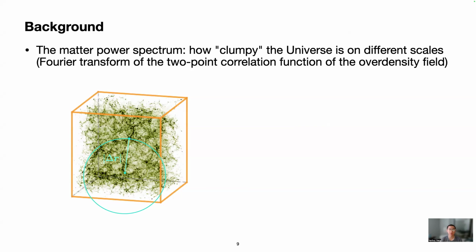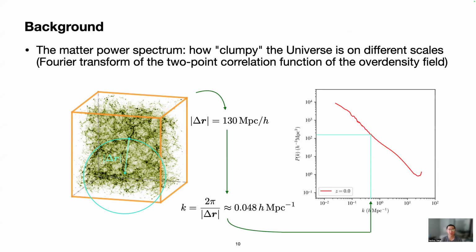Here is the projection of a cosmological simulation. For each scale delta r, we are able to compute its clumpiness. And if we compute for different scales corresponding to the different wave numbers here, we can get a matter power spectrum.